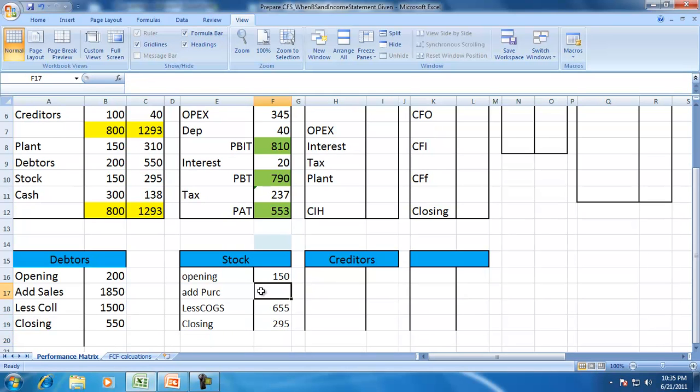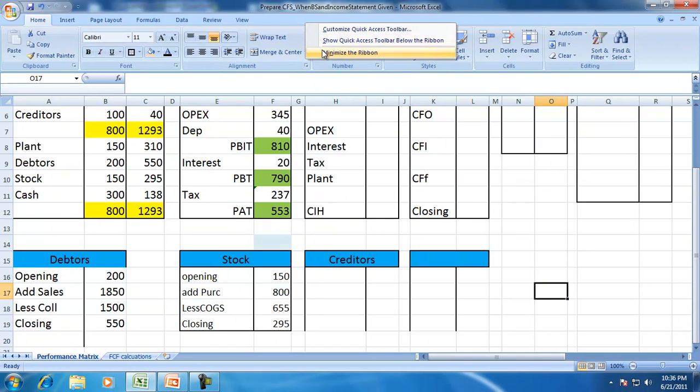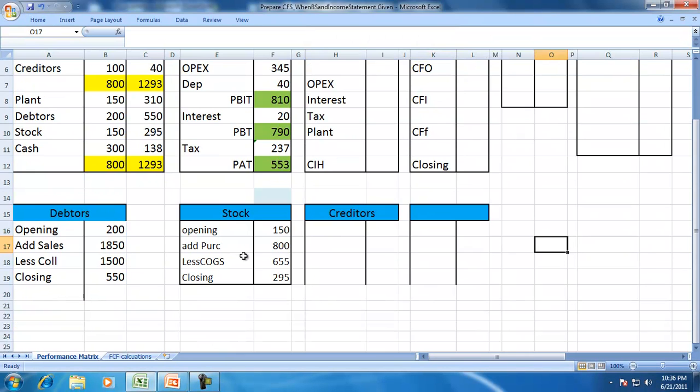So the purchases during the period is 295 plus the cost of goods sold minus the opening stock. That means during this period you made purchases of 800, whether million or crores, whatever the number is. Let us assume that this purchase is on credit.